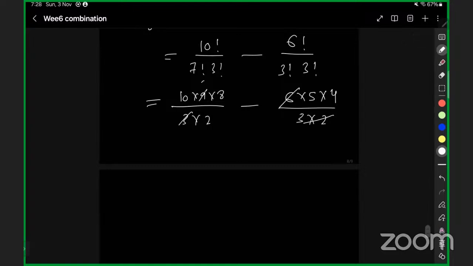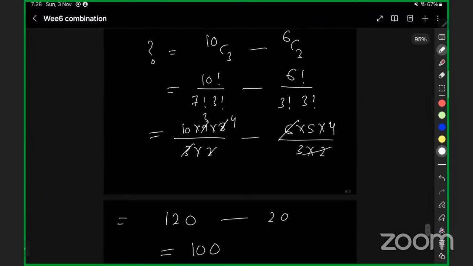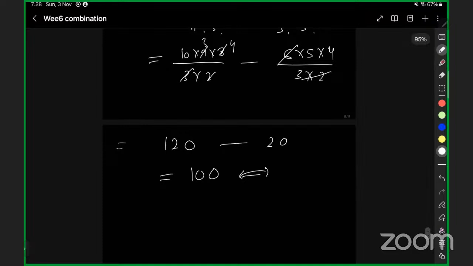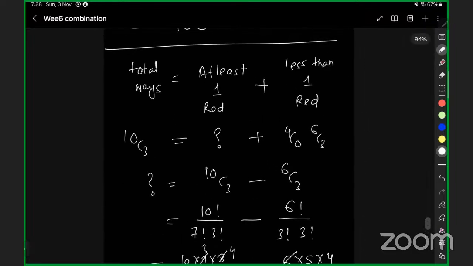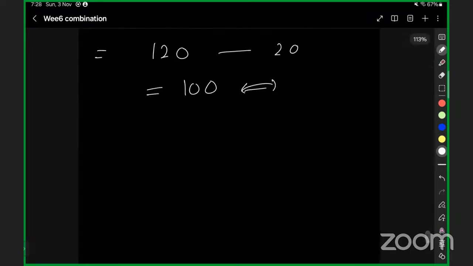And here I'll have 3, 4. So what I had is 120 minus 20, which is 100. So we concluded the same answer, right? 100, 100. So you can solve both ways, at least 1 red or less than 1 red. So that's how you can have total ways, right? These two conditions will form total ways. Fine.